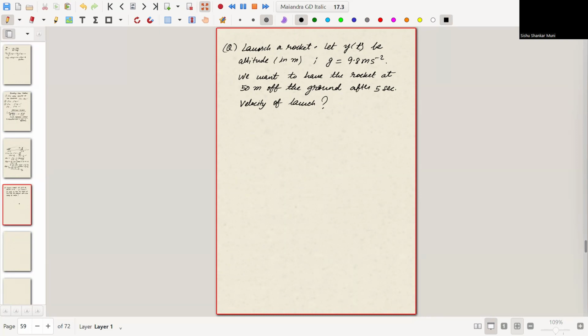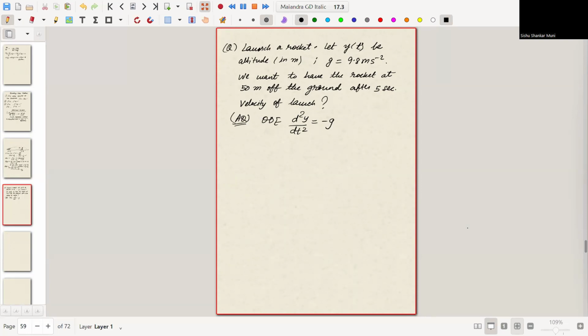Any ideas? It's a bit of a physical problem, to appreciate the method better. So you know the ODE, right? d2y by dt2 equals minus g. That's the acceleration, just the gravitational constant minus g, acting in the downward direction.